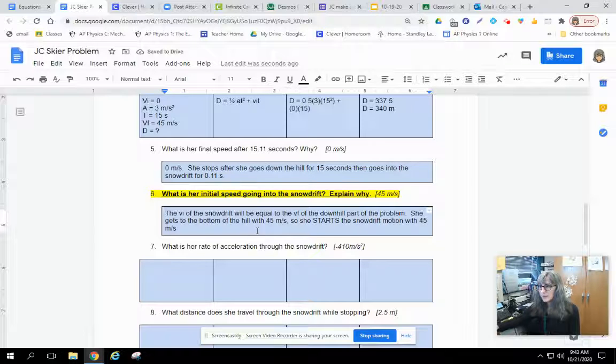She gets to the bottom of the hill with 45 meters per second, so she starts into the snowdrift motion with the speed she ended up with on the downhill part, which is 45 meters per second.